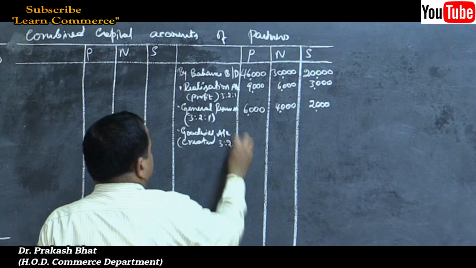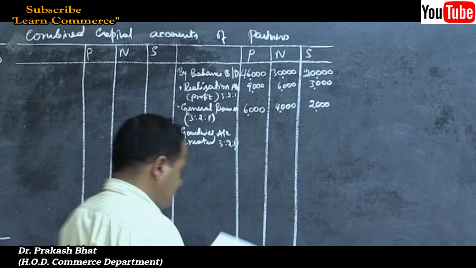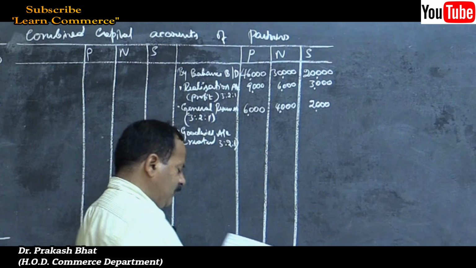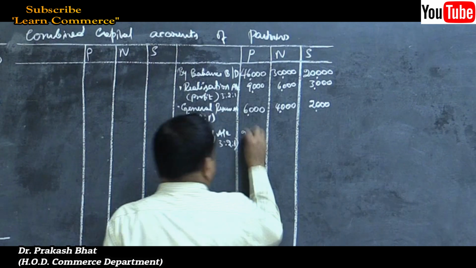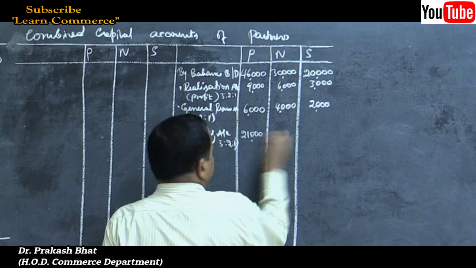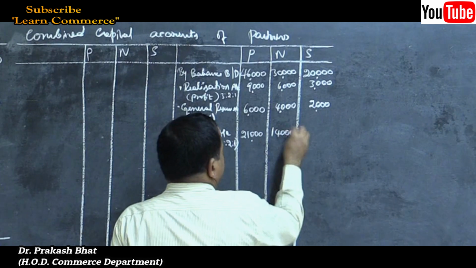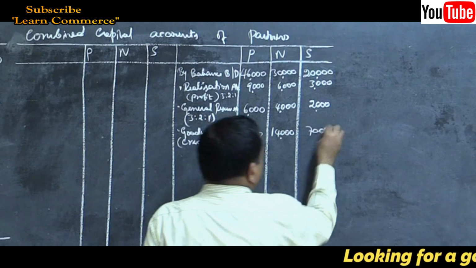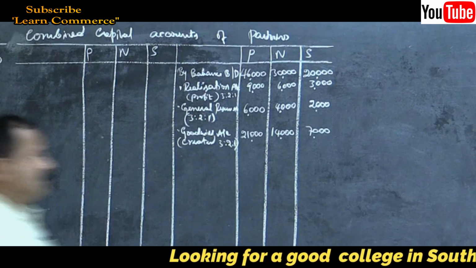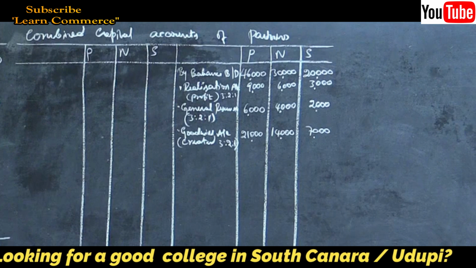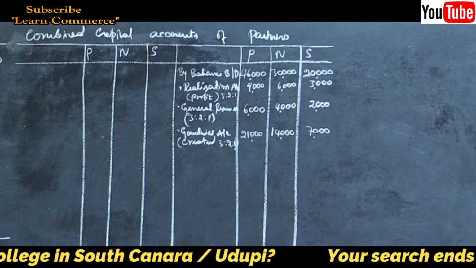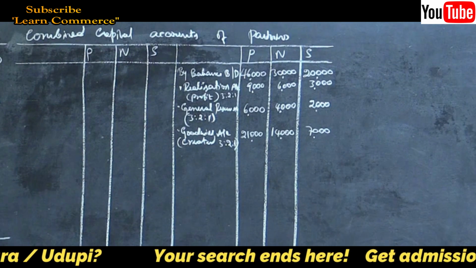3:2:1. Yes. How much? 21, 14 and 7. Yes. This is goodwill created. Then goodwill written off, right?